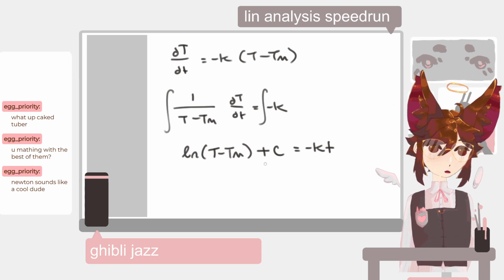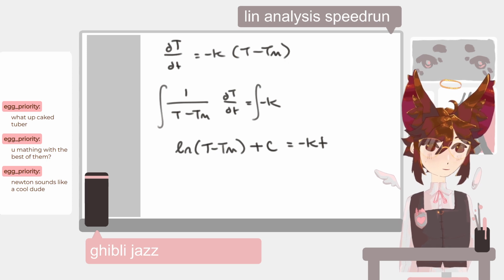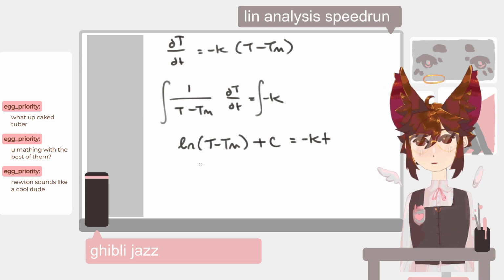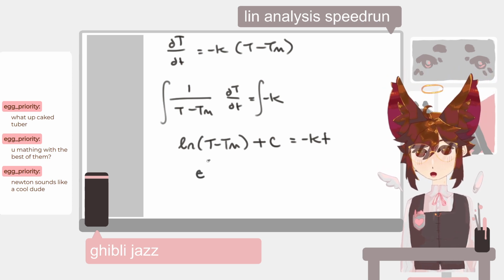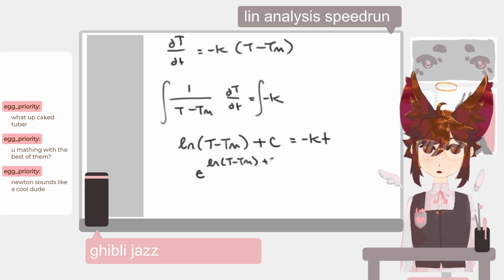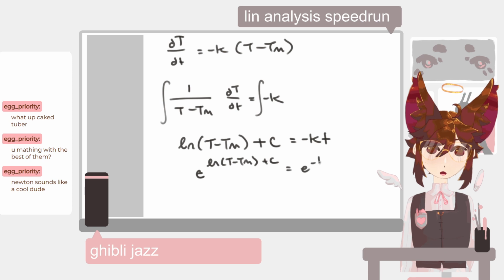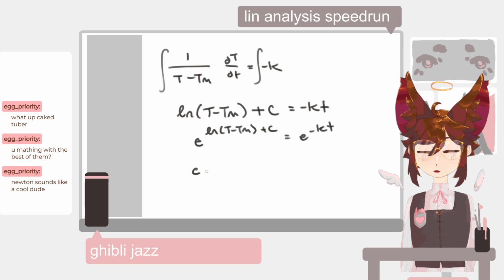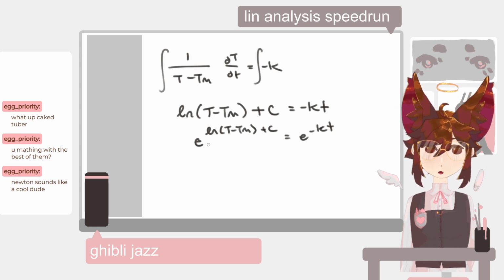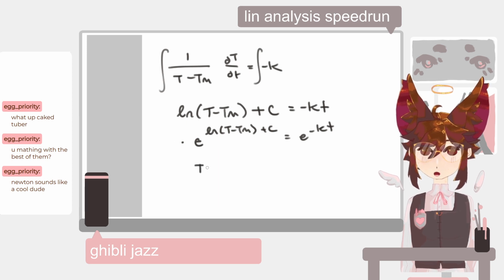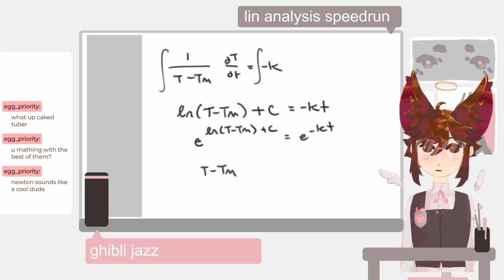All right, so now we've got to do our classic little solving for big T here. We're going to put everything on top of an e. We'll have e to the ln of t minus tm plus c equals e to the negative kt. And we'll get t minus tm times c.